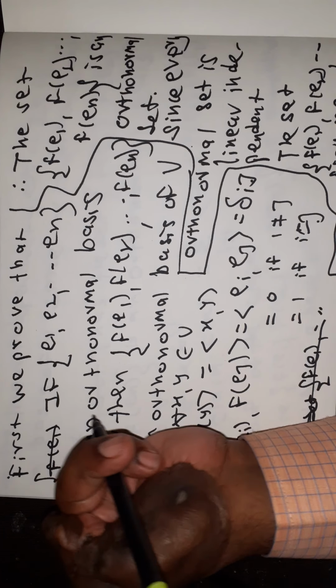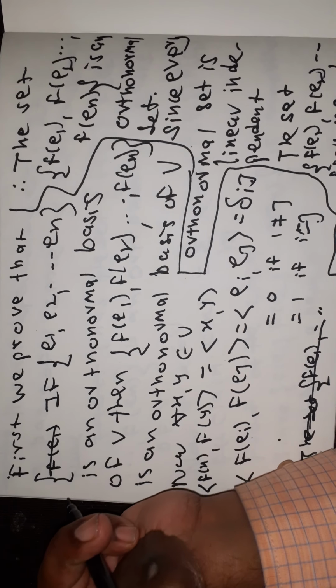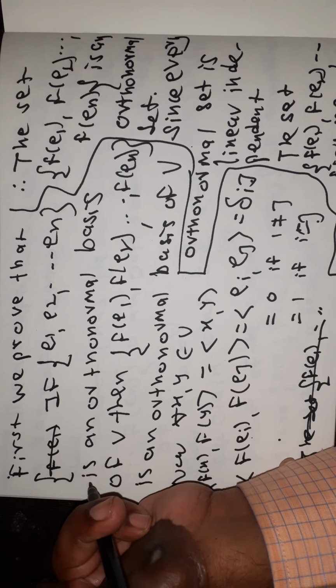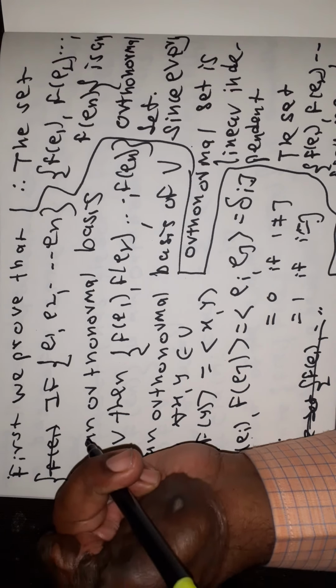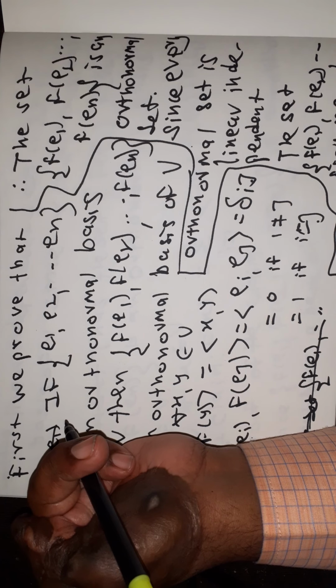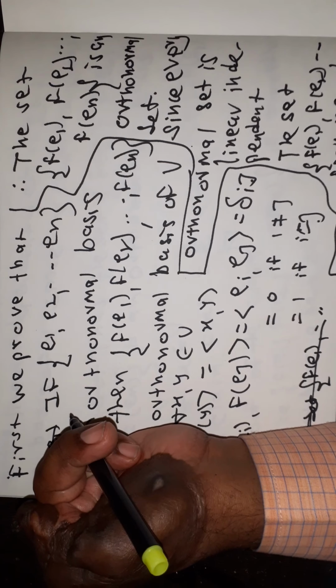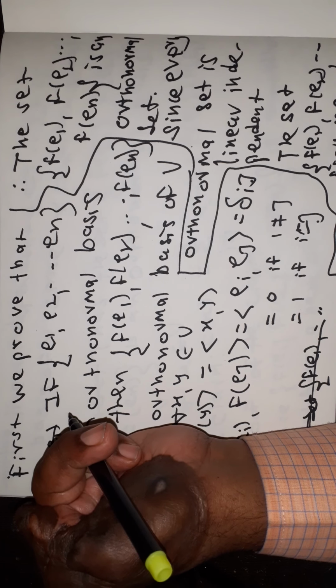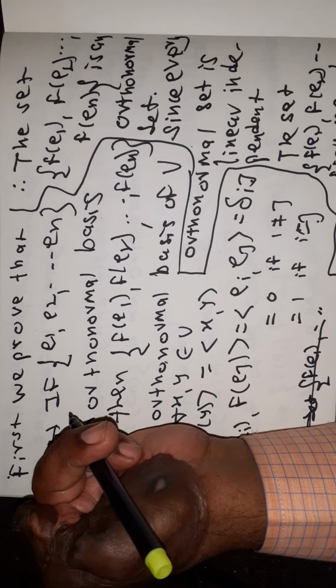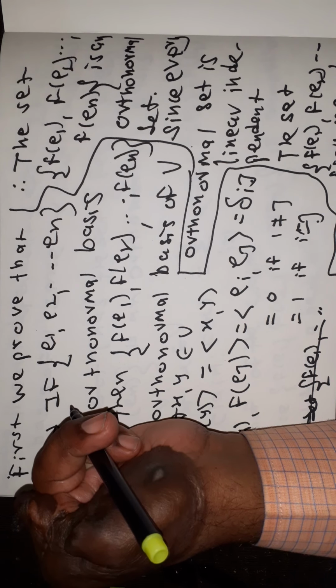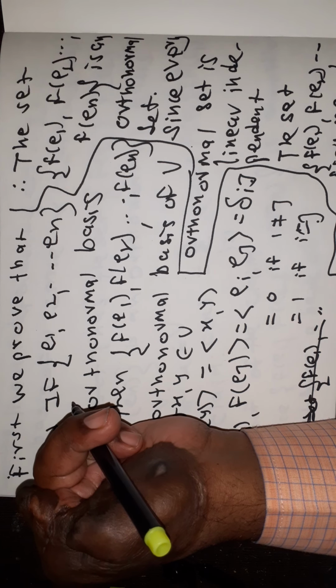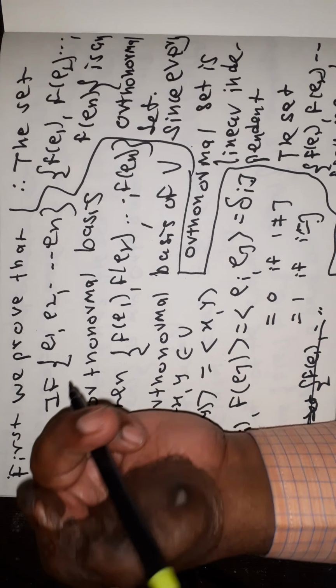Now here we first prove that if e1, e2, ..., en is an orthonormal basis, and we know what an orthonormal basis is, that is, angle bracket ei, ej is equal to delta ij, meaning angle bracket ei, ei is equal to 1 for all i equal to 1, 2, 3, ..., n, and angle bracket ei, ej is equal to 0 if i is not equal to j.